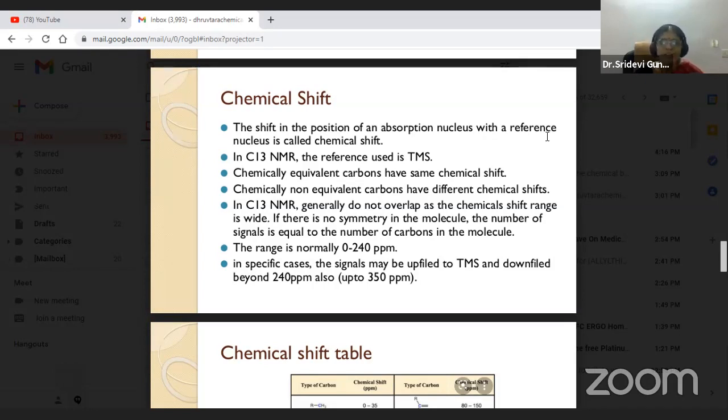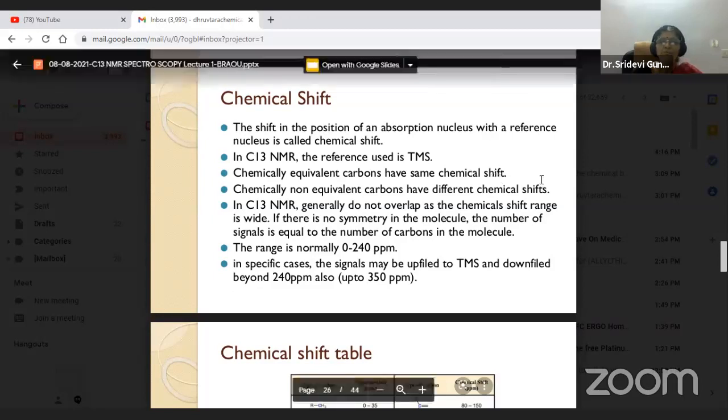Here also, chemically equivalent carbons have the same chemical shifts, whereas chemically non-equivalent carbons have different chemical shifts. Since they have different chemical shifts, they will appear at different places as different signals.